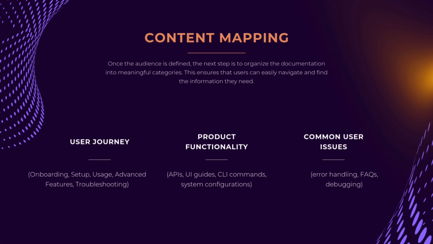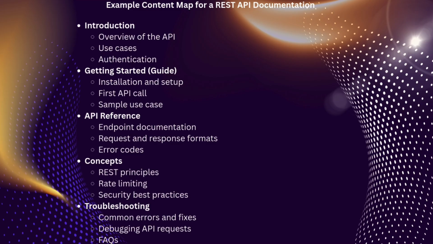The purpose of the guide is step-by-step instructions to achieve a specific goal. The reference is the detailed technical specs, your API docs, or configuration files. Then the concept or conceptual pages will talk about the explanation of how things work, the principles and the best practices. Then your troubleshooting is problem solving. So now let's look at an example map for a REST API documentation.